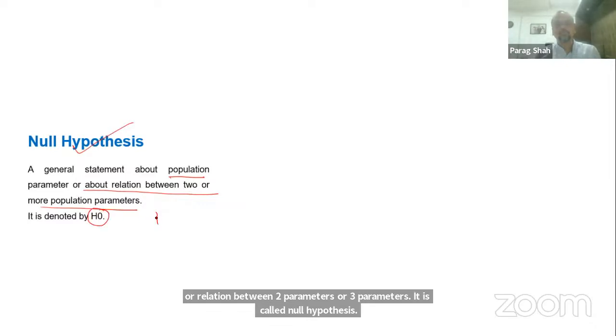Any statement about the population parameter, or the relation between two or three parameters, is called the null hypothesis. It is denoted by H0: H for hypothesis, and as it is null, we write 0.